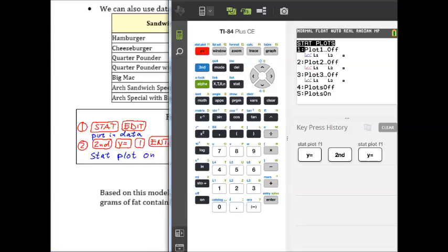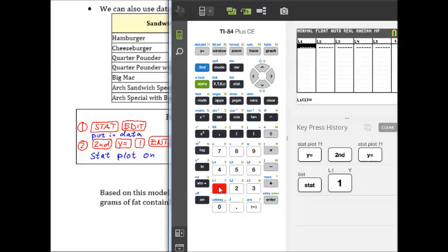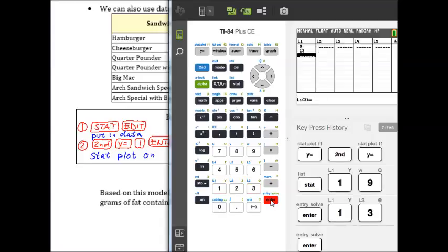So I'm pulling up my calculator here, do Stat, Edit, and now we're going to put in the values. In our first column, we put in the x values, so 9, enter, 13, enter, 21, enter, 30, and keep going like that.